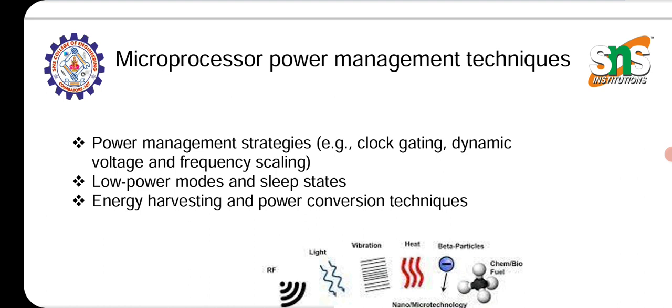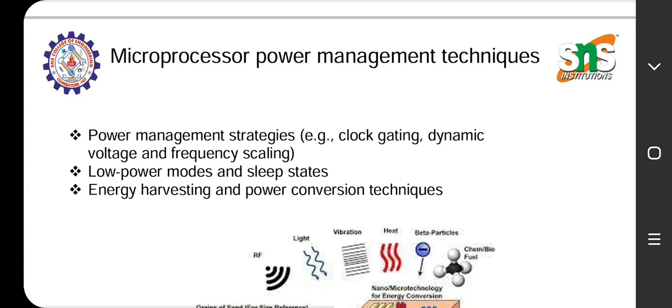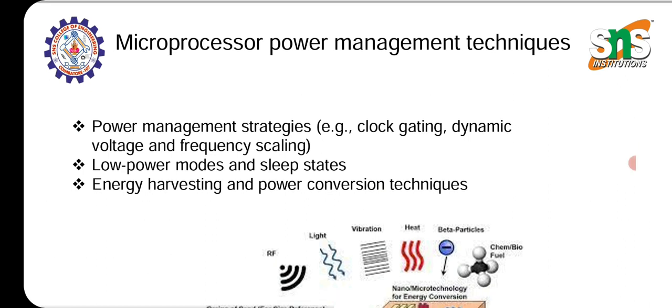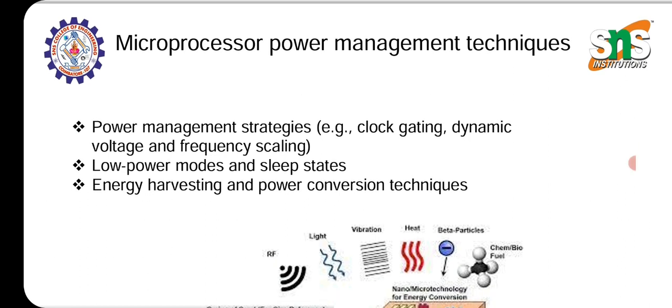Pipeline optimization involves optimizing the microprocessor pipeline to reduce power consumption. This includes techniques such as instruction pipelining, which reduces the number of instructions needed to perform a task, and branch prediction, which reduces the number of branch mispredictions.